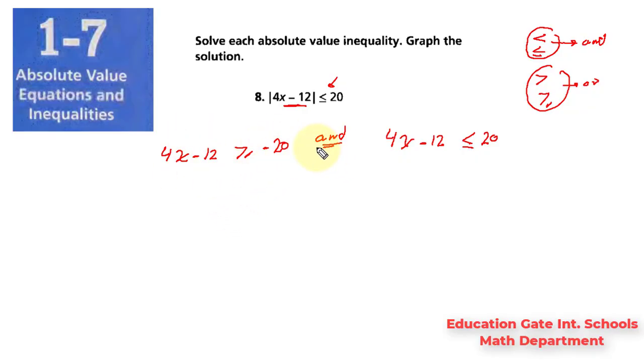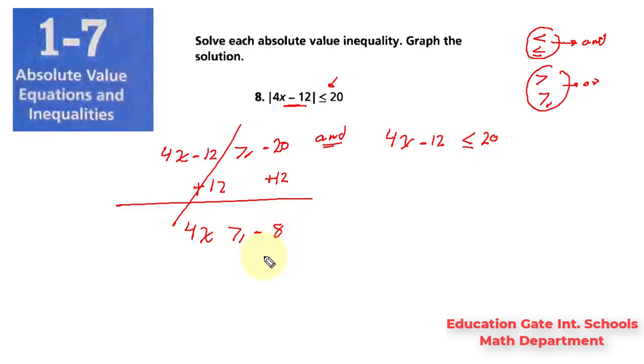Just solve the two inequalities. Look at the left, we have minus 12. Just add 12 to both sides. Now, cancel. So 4x is greater than or equal negative 20 plus 12. Just put the sign of the larger one, so we get negative, and the difference between 20 and 12 is 8.